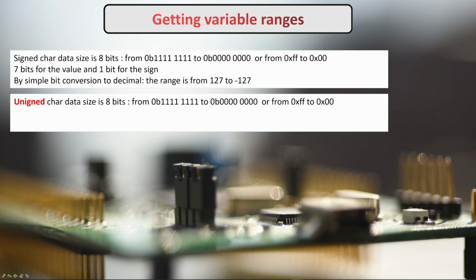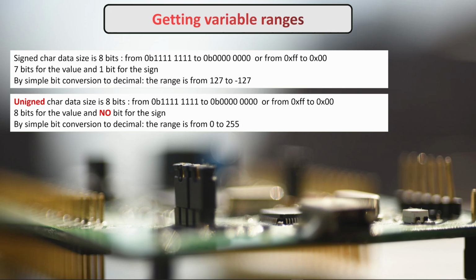On the other hand, for the unsigned, the number of bits stays the same. However, there is no bit for the sign, so all the bits are used for the value. And this gives us, from a decimal perspective, a range from 0 to 255.